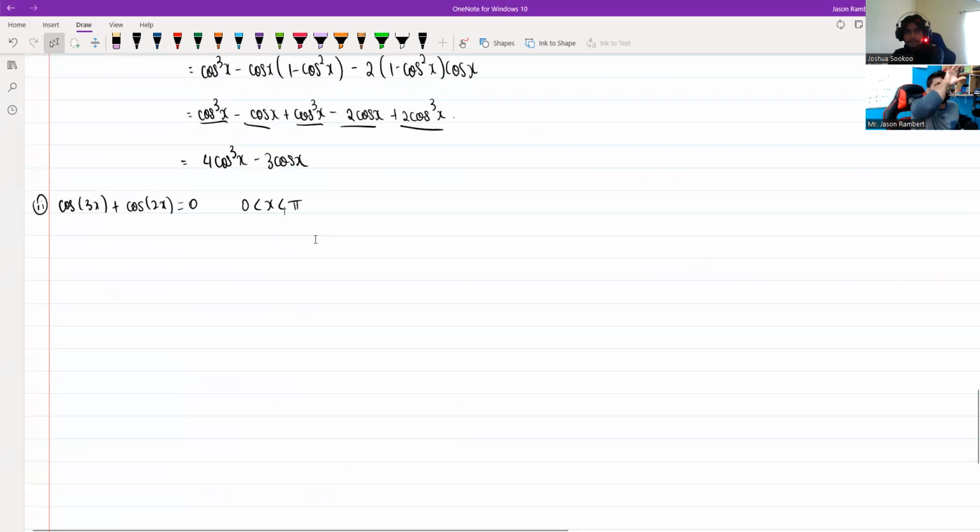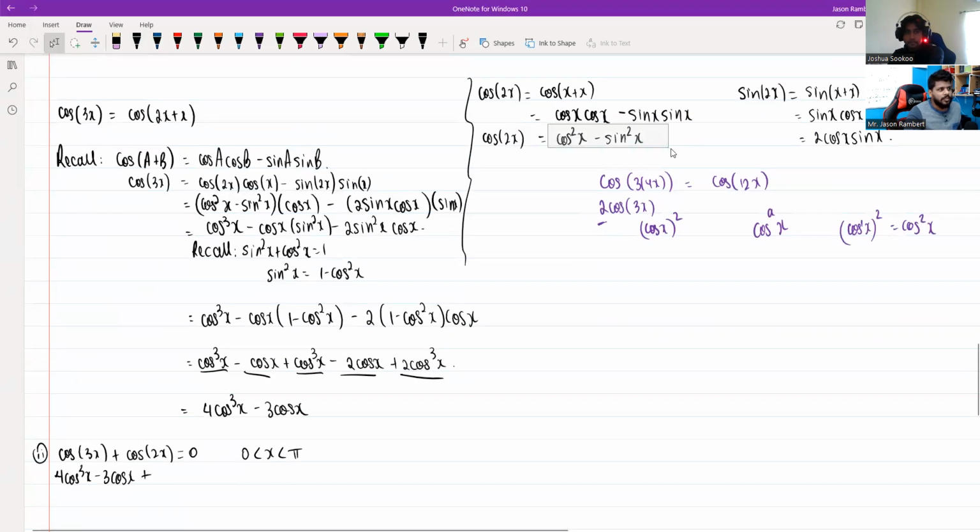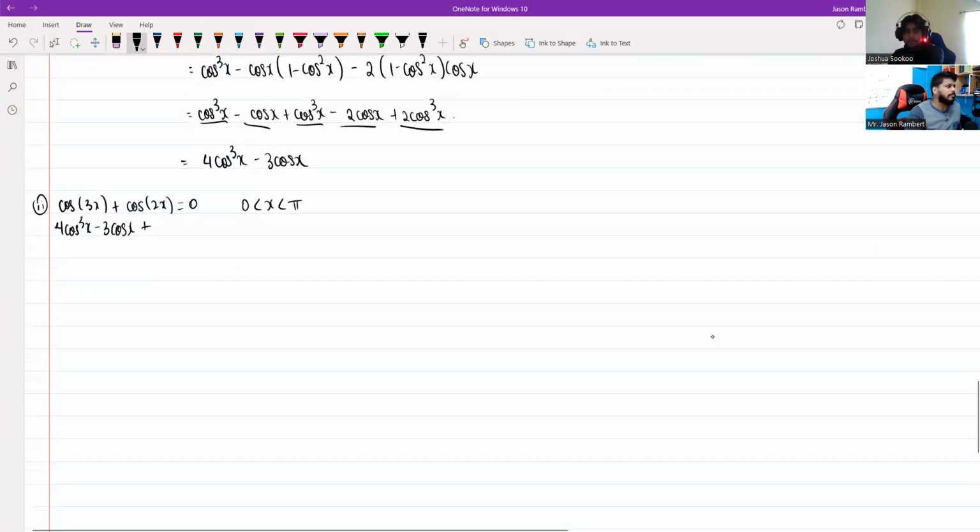I know what cos 3x is. Cos 3x is 4 cos cubed x minus 3 cosine x plus, I know what cosine of 2x is. Cosine of 2x is cos squared x minus sine squared x. Yeah? Plus cos squared x minus sine squared x is equal to 0.